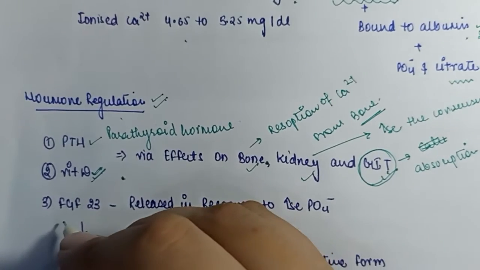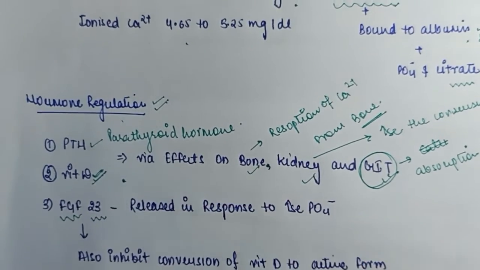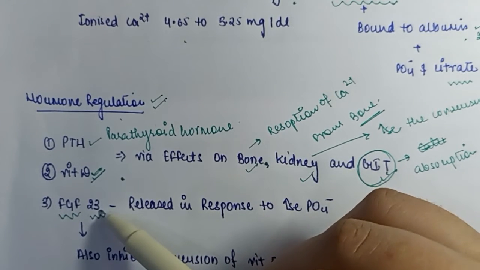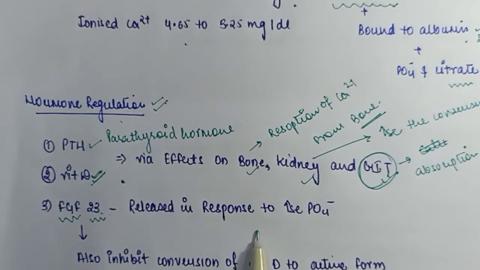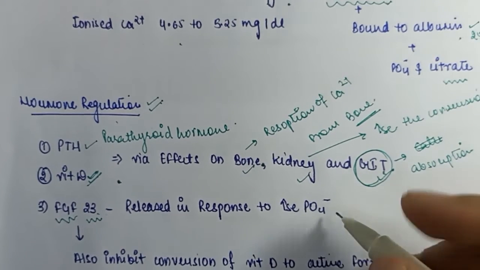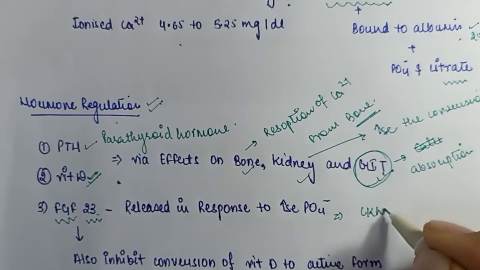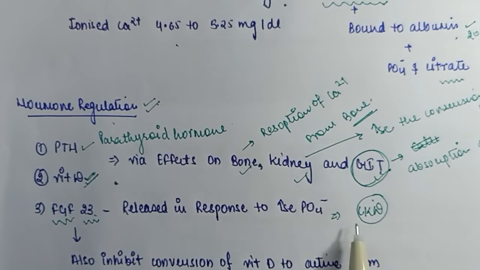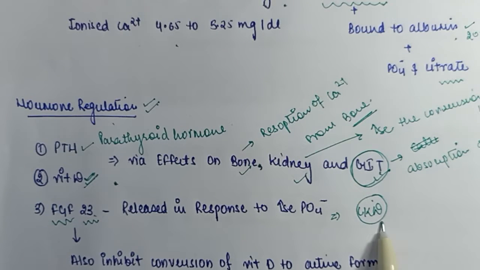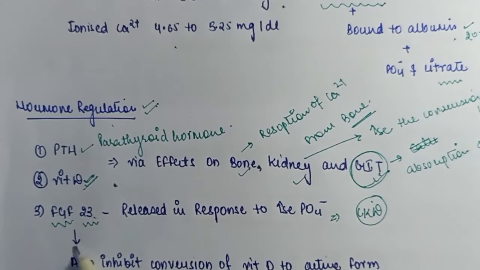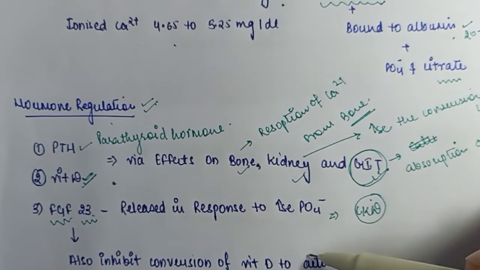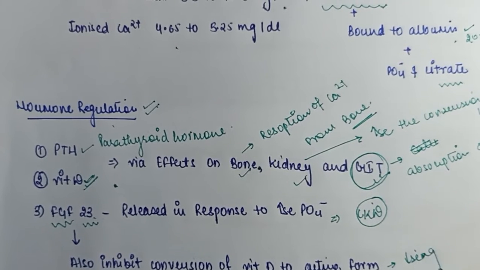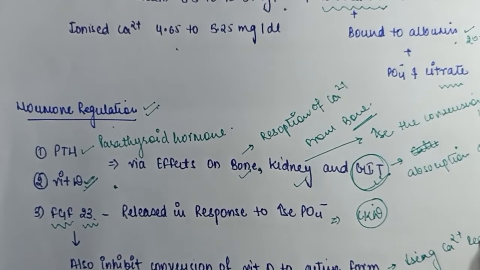Next important thing is FGF23. This FGF23 is another mediator which helps in regulation of calcium ion. It is released in response to increased phosphate, mainly in patients of CKD or chronic kidney disease. But this FGF23 also inhibits the conversion of vitamin D to active form, thus decreasing calcium reabsorption.